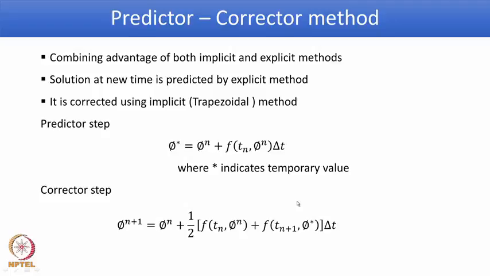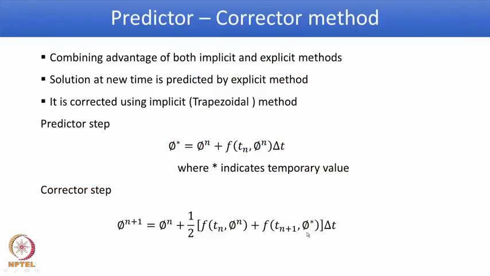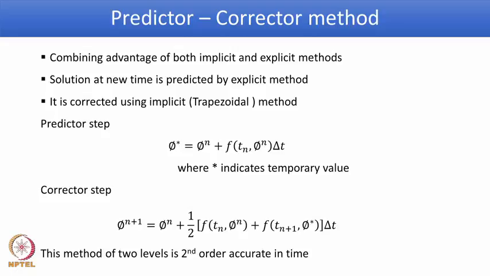When you use the trapezoidal rule, the predicted value becomes a known value, and that is what is used when you write down the explicit part and the implicit part. This is what is known as the corrector step. This method has 2 levels, and it is second order accurate in time.